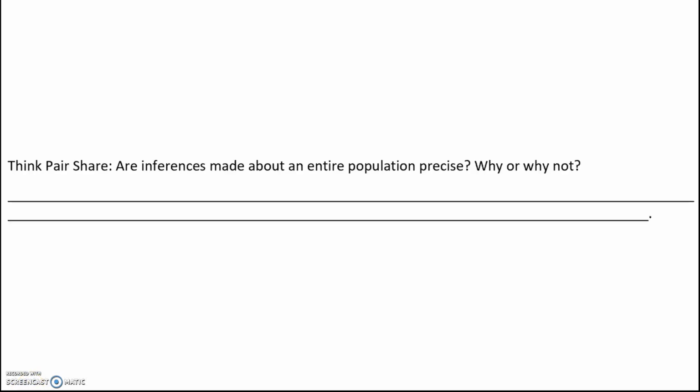Okay, so we have a think, pair, share. If you're watching the video, it's kind of hard to do a think, pair, share, so you're going to think and share with yourself. Our inference is made about an entire population. Is it precise? Why or why not?